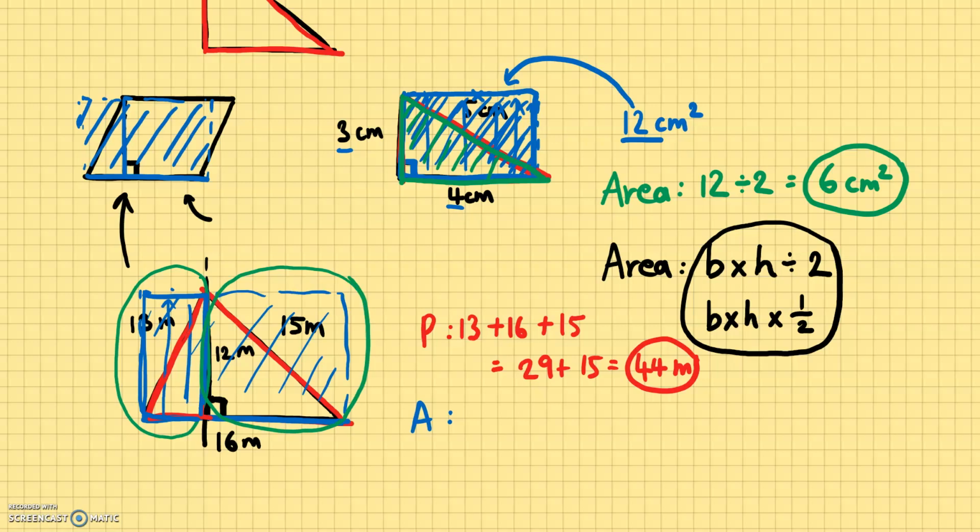The triangle part here, trying to draw the triangle in red and the rectangle in blue, is exactly half of the rectangle part here. So in fact, the same formula works. You can just divide by 2 and get the area of the triangle.